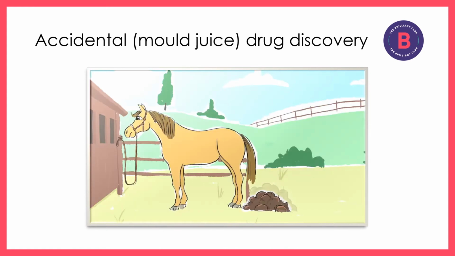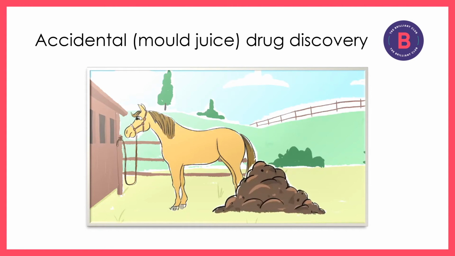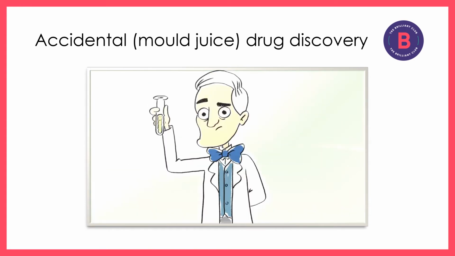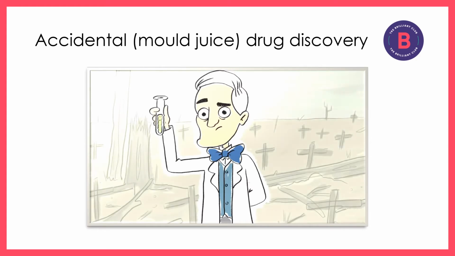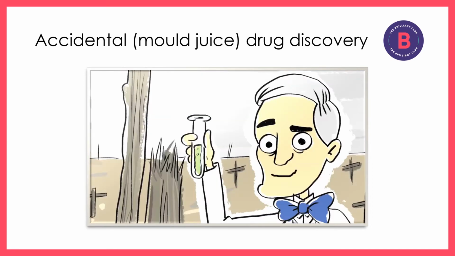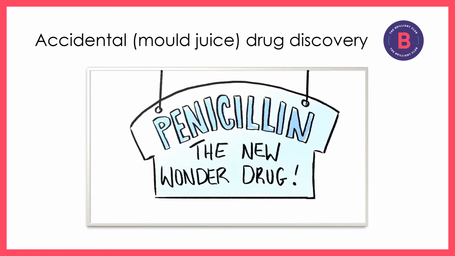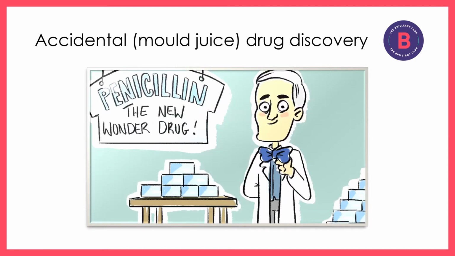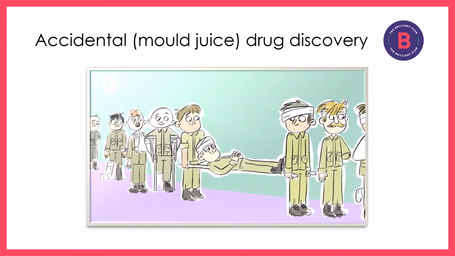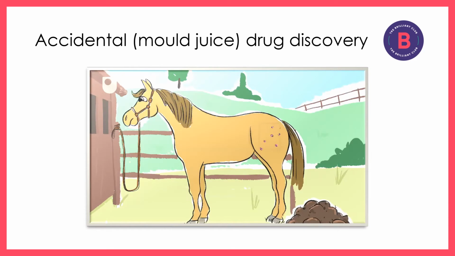After a lot of time and effort in his lab, Fleming worked out that some of his sample had been contaminated by a particular fungus, which he then managed to grow himself. As an ex-soldier in World War I, he'd seen hundreds of soldiers die due to bacterial infection, and he figured that if the fungus could kill bacteria on his bench, it might also kill bacteria in wounded soldiers. And he was right. Having renamed his mould juice penicillin, it was ready for public consumption in time for the next war on D-Day. Penicillin has saved the lives of millions of people and horses.